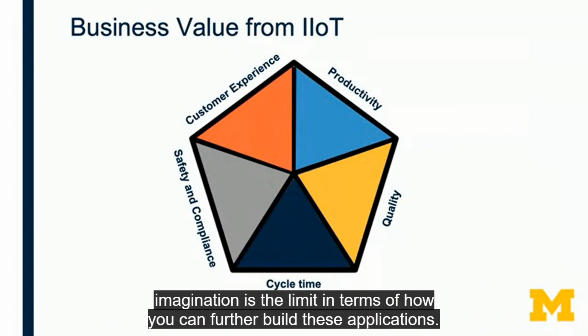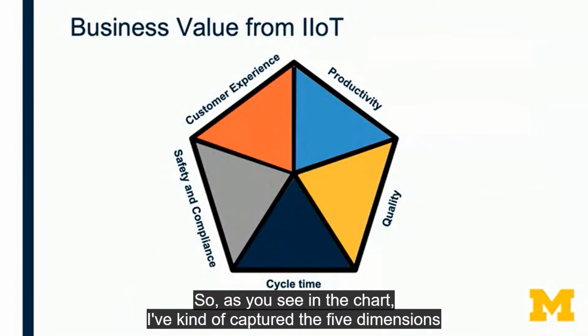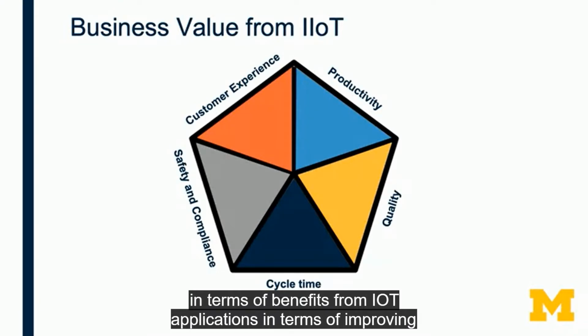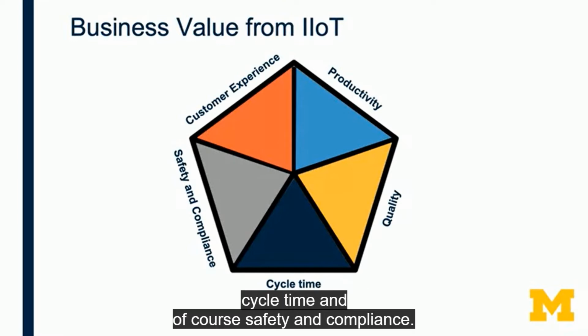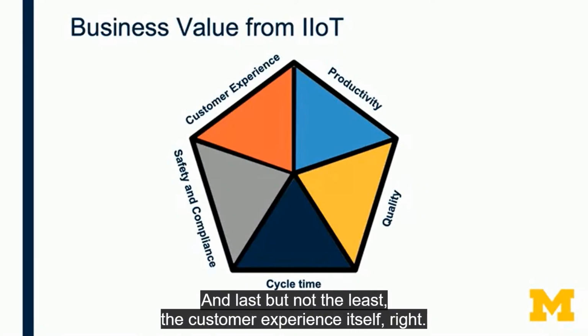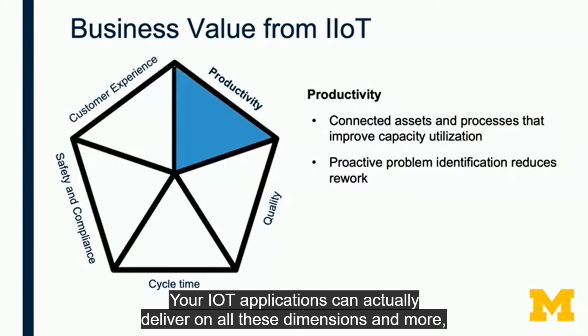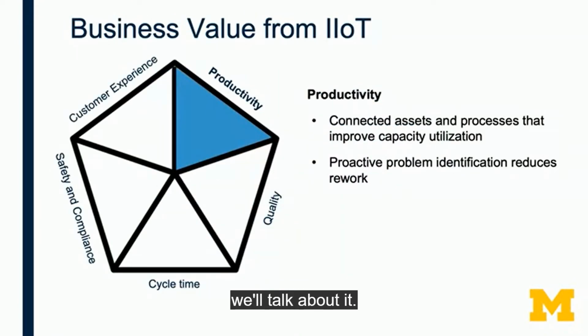So, as you see in this chart, I've captured the 5 dimensions in terms of benefits from IIoT applications: improving the manufacturing productivity, improvements to quality, cycle time, and of course, safety and compliance. And last but not the least, the customer experience itself. Your IIoT applications can actually deliver on all these dimensions and more. We'll talk about it. So let's talk about productivity first.